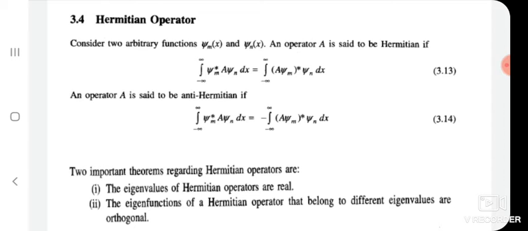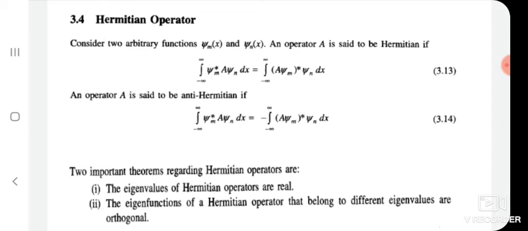It means if we operate an operator A on psi n, or on psi star m, if both sides are same, then the operator A is said to be Hermitian, not a Hamiltonian, it is a Hermitian operator. Sorry, it's my mistake.